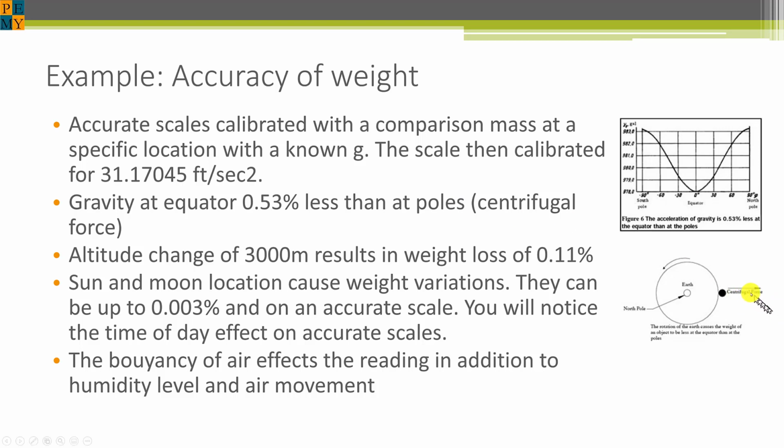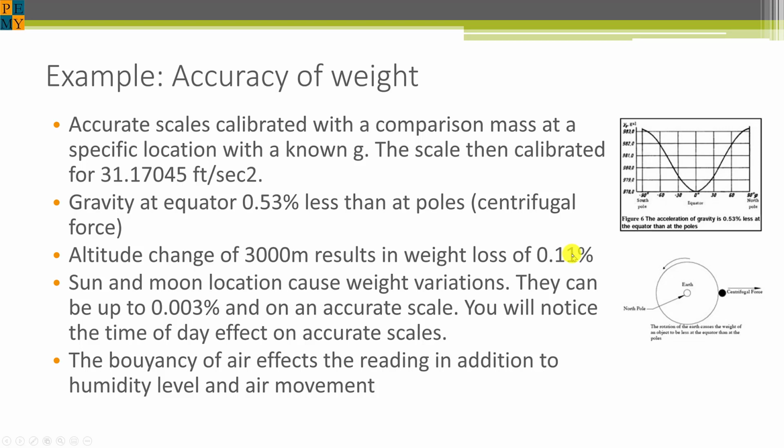The reason is that if you're on the equator, centrifugal force is tending to throw you out. It's counteracting gravity. But also if you get on top of a mountain like Machu Picchu, you'll lose about 0.1% of your weight because you're further away from the center of the Earth.